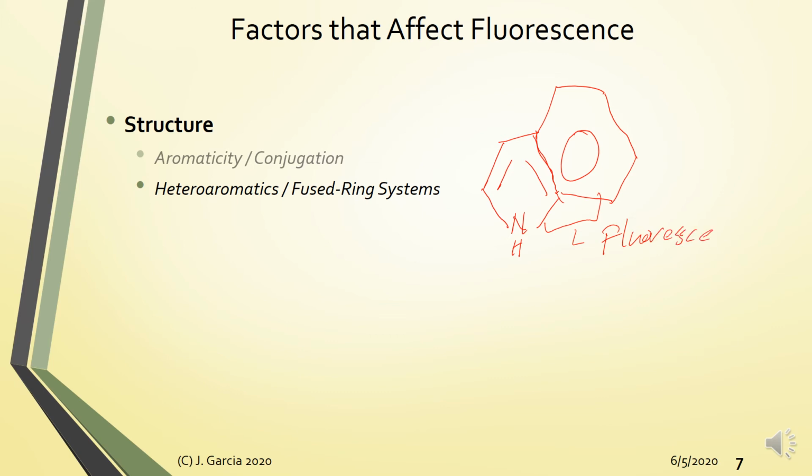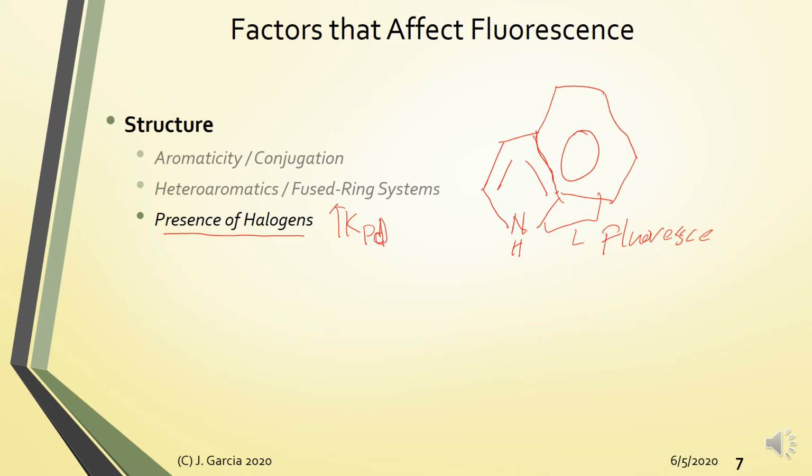Next, presence of halogens. The presence of halogens is a deterrent actually for fluorescence. Okay? This is simply because the presence of halogens increases the rate constant associated with your pre-dissociation, the kPD in the quantum yield formula we had earlier.